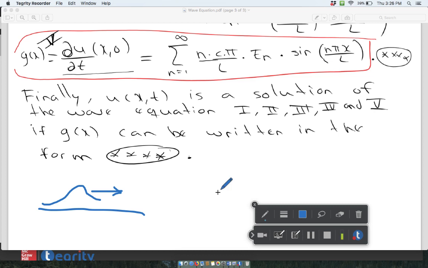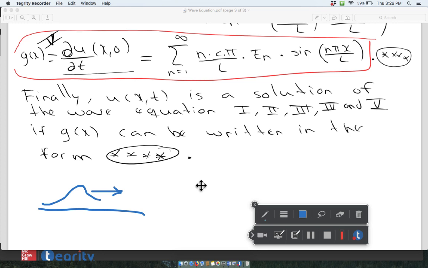And for this case, g of x will just go up, peak, and go back, as I showed you in the beginning.